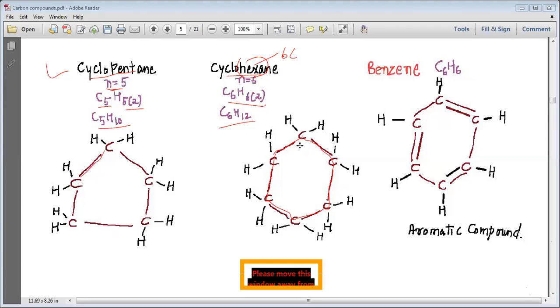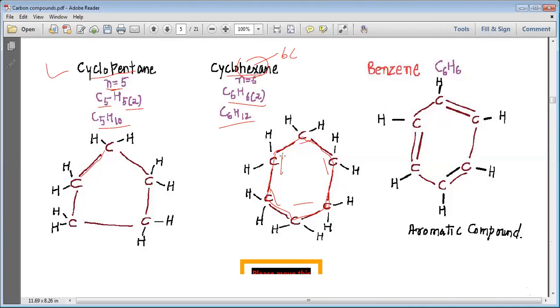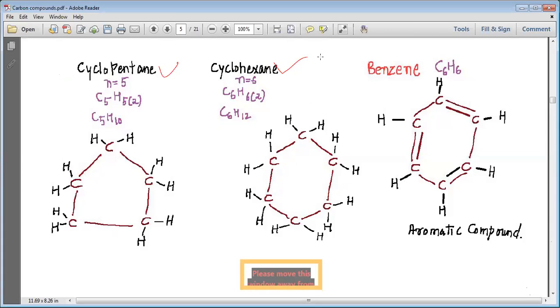Cyclohexane has 6 CH2 groups bonded with each other in a hexagonal manner. So here we have studied the homologous series of cyclic compounds, and the various members we have seen are cyclopropane, cyclobutane, cyclopentane, and cyclohexane.